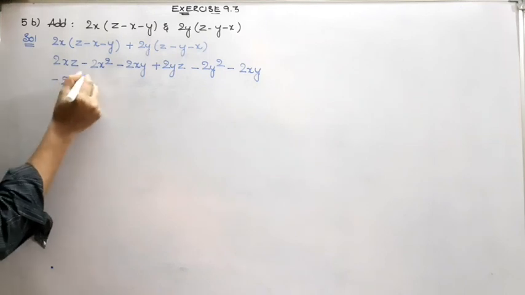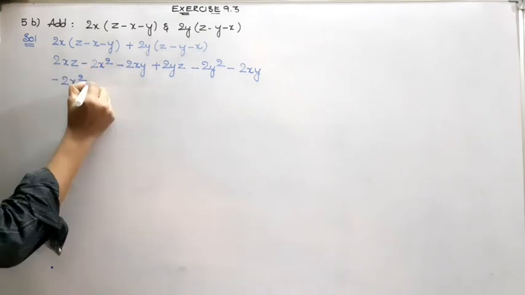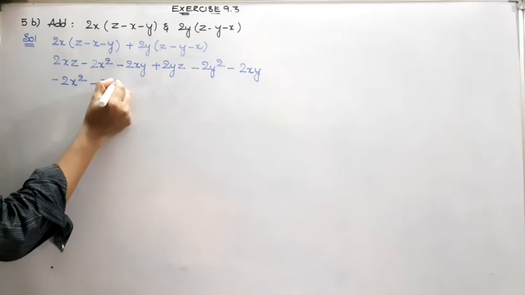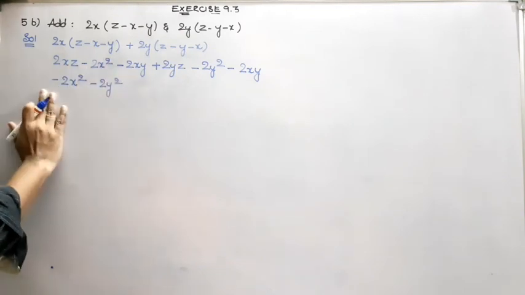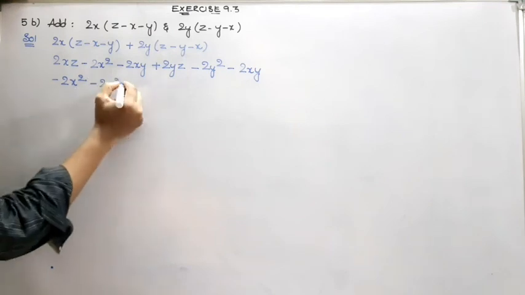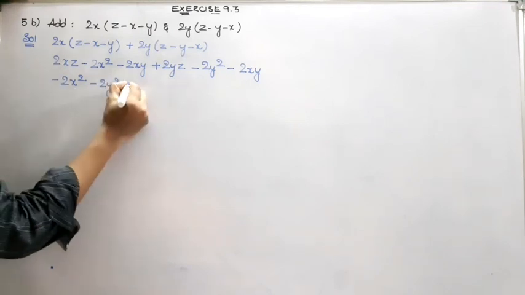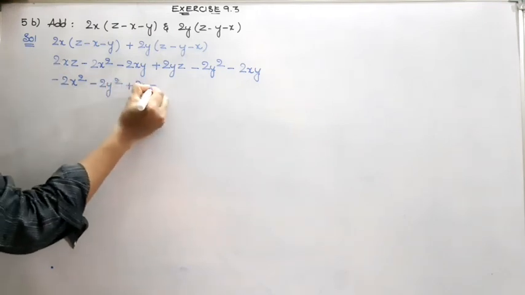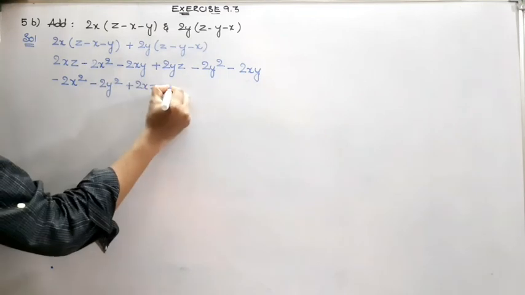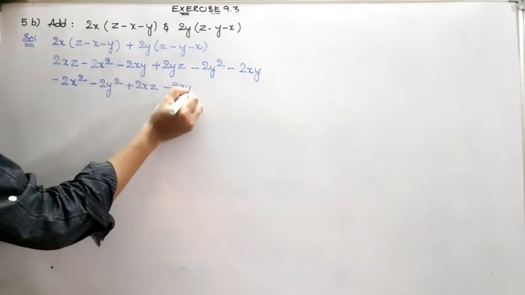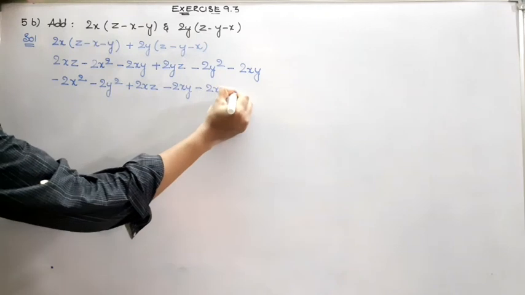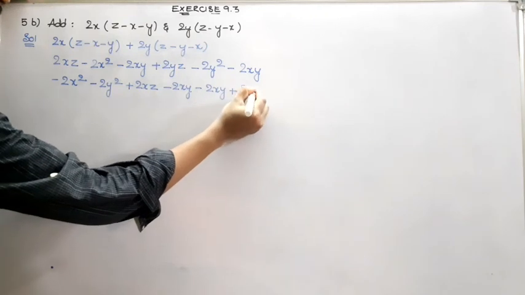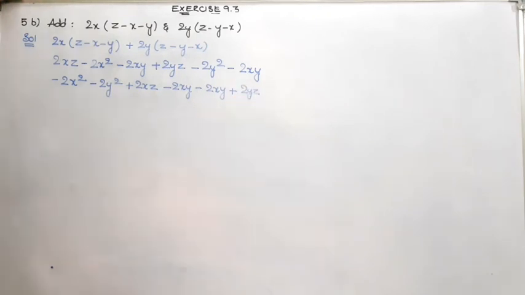Minus 2x square, minus 2y square. Only square terms are done. Next, plus 2xz, minus 2xy and minus 2xy, plus 2yz, plus 2yz.